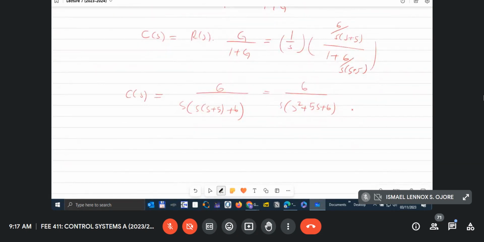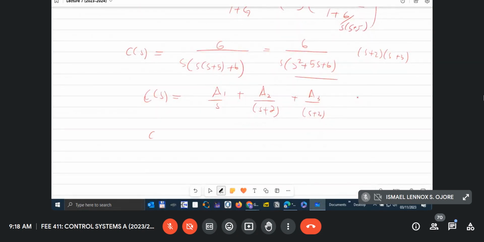For you to get C of t, you use partial fractions. You'll have A1 over s plus A2 over s plus 2, A3 over s plus 3. So if you factor that, you have s plus 2 and s plus 3. That's why we have this.